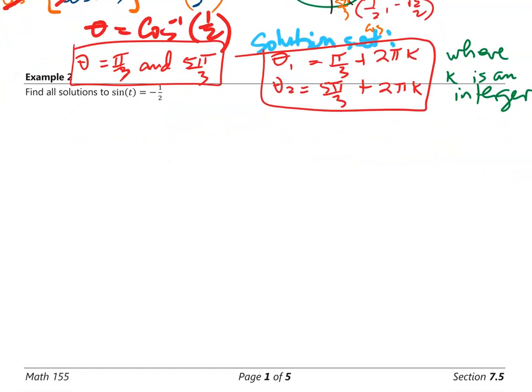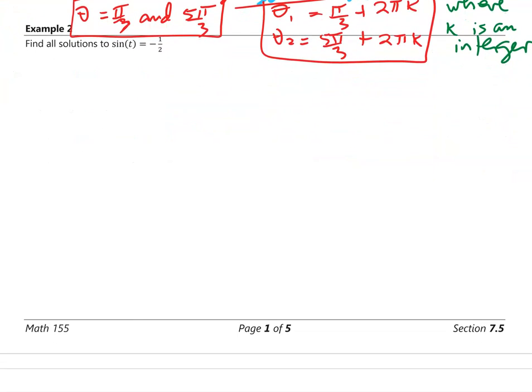Okay, next example number 2. Again, find all the solutions to sine t is equal to negative 1/2. So let's do the same thing like what we did for example number 1. You could say that t is equal to inverse sine of 1/2.